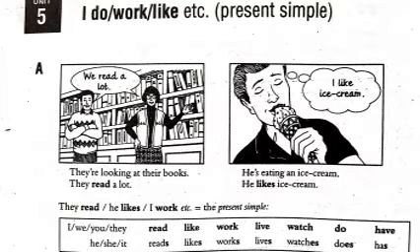Then look at the next picture. There's a man eating ice cream, and he likes ice cream. I like ice cream, says the dialogue that he says. He's eating an ice cream and he likes ice cream. Look at the verb likes. He likes ice cream.